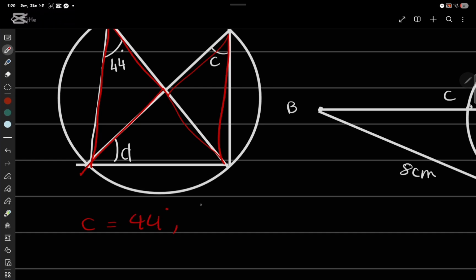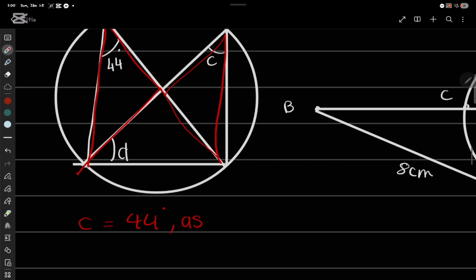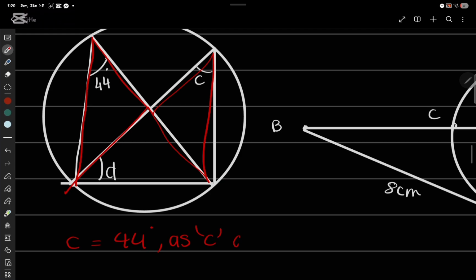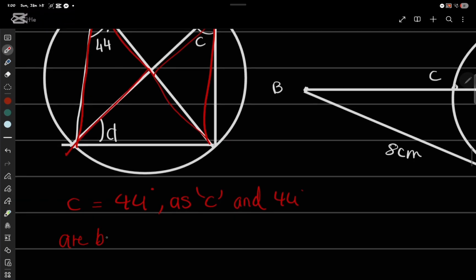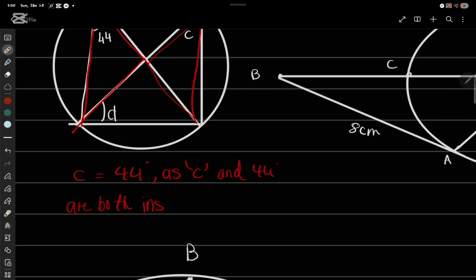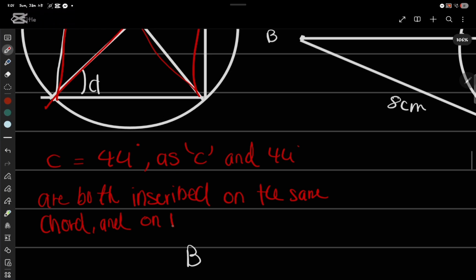And in your exam or test, you have to justify: C and 44 degrees are both inscribed on the same chord and on the same side. Okay, gotta justify that on your exam or test.